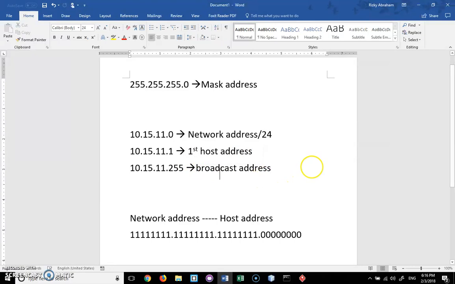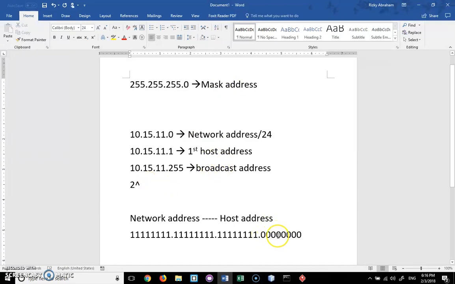So the maximum number of host addresses would be 2 to the power of, and we see all the zeros right here are all the possible host addresses that this network address can have.